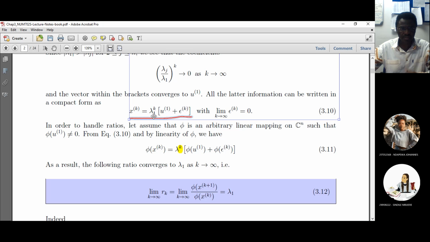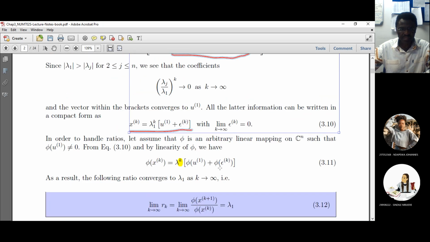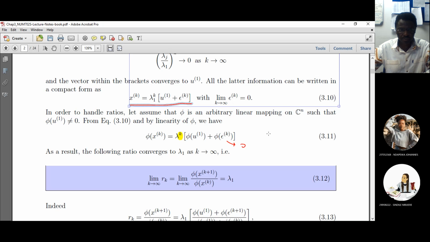Because it's linear, you get this, and knowing that this will converge to 0 because of the linear mapping, right? Now, if you take the ratio, remember that this is lambda 1. So this is 1. Lambda 1. This one.